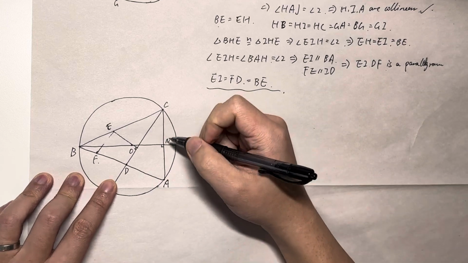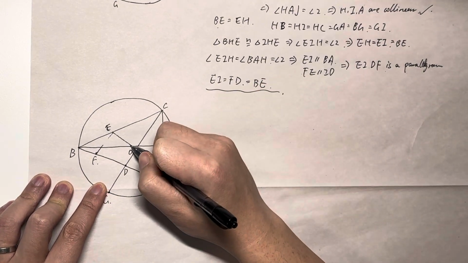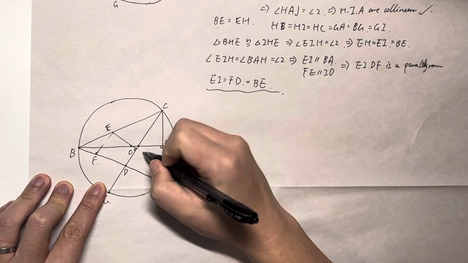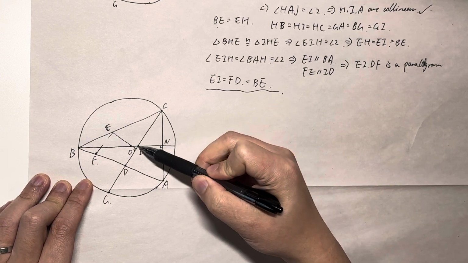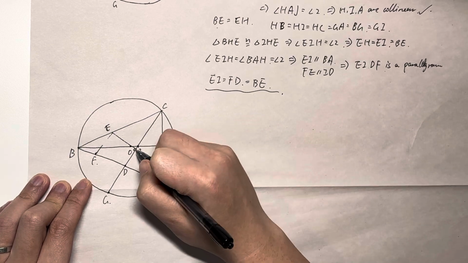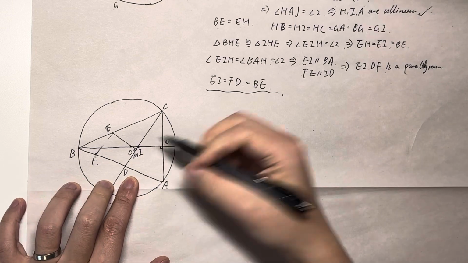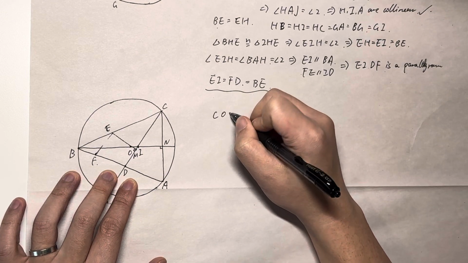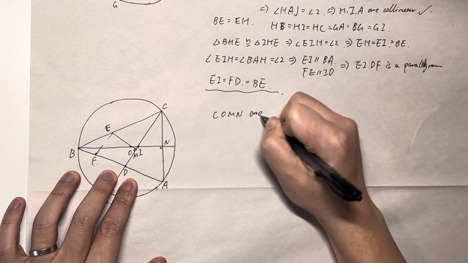So it's obvious, this is 90 degrees, and this is 90 degrees. This point is O, and we call this point I, because that's the intersection point of two angle bisectors, and we call this midpoint M. So we know that C, O, M, N are cyclic.